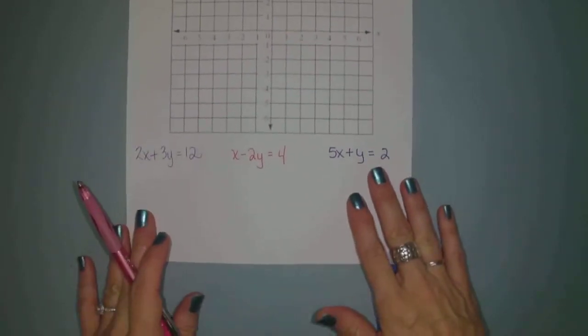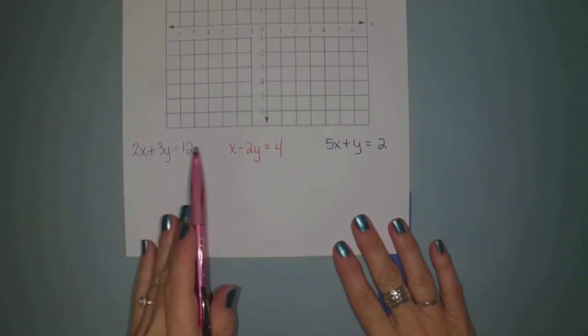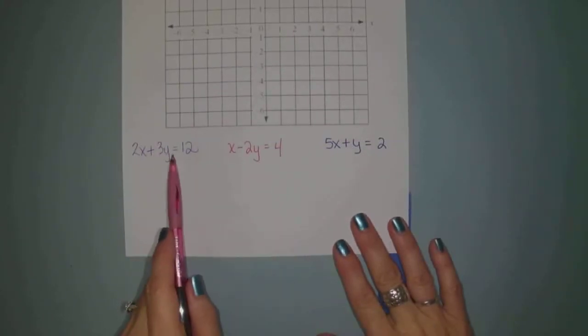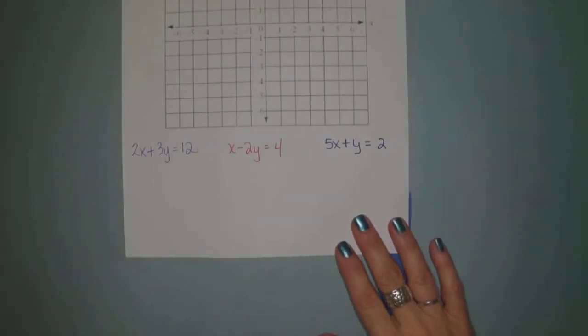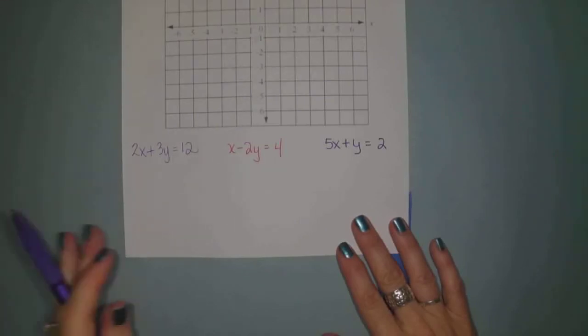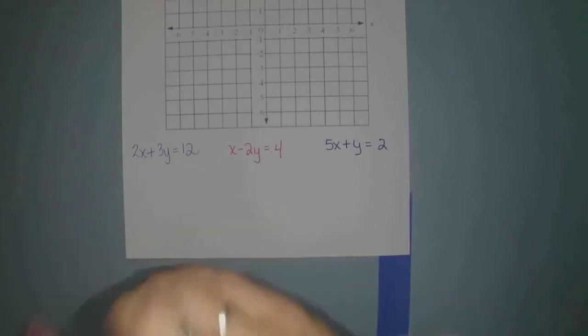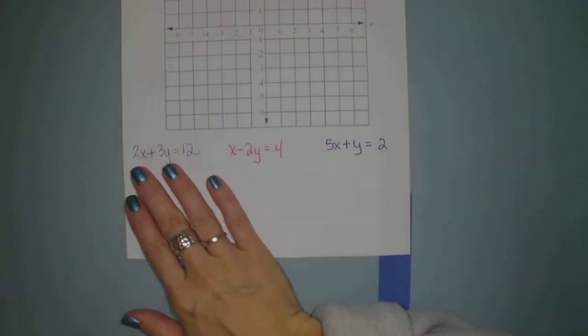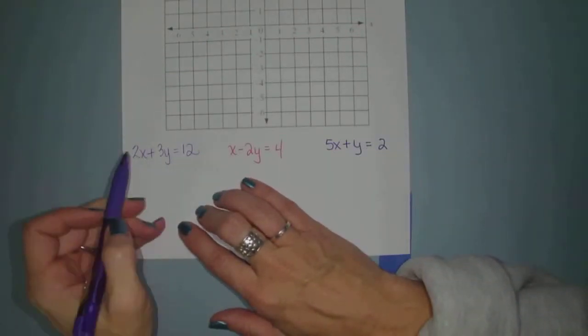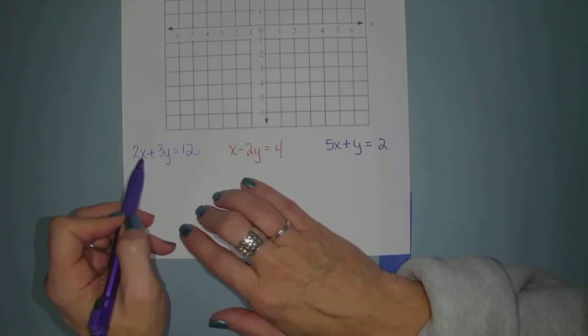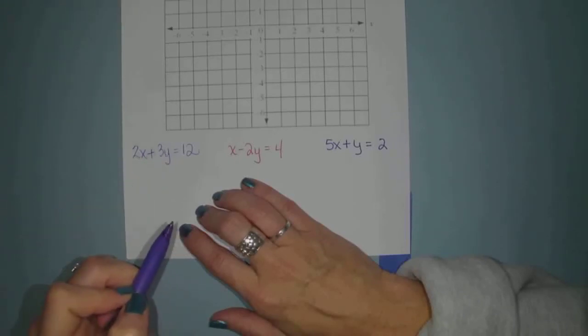Okay, so here's what we're going to do. Let's take a look at our three color-coded lines. We're going to start with purple, move to red, and finish with blue. So let's focus on purple. Now, we learned in a previous lesson that when an equation is in standard form, the easiest way to graph is to graph by the x and y intercepts, because it's really easy in standard form to quickly let y be 0 or let x be 0.